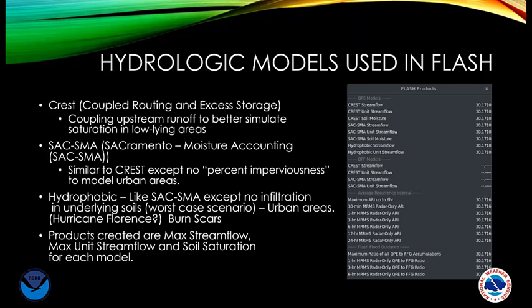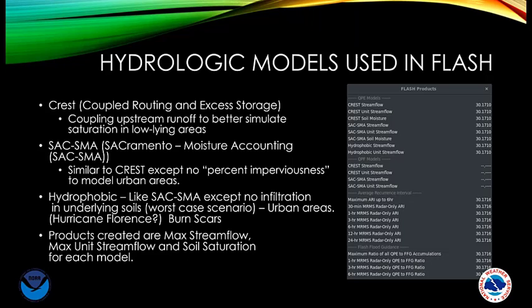It's similar to CREST, except no percent impervious surfaces to model urban areas, so you have to remember that. And the hydrophobic is like the SAC-SMA, except there's no infiltration in underlying soils. It is the worst case scenario, like everything's concrete.